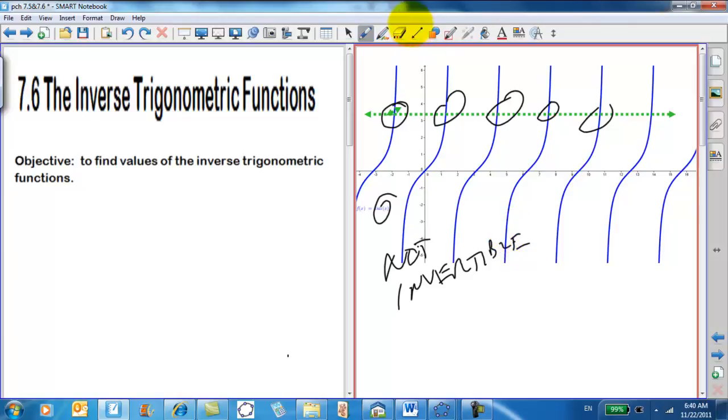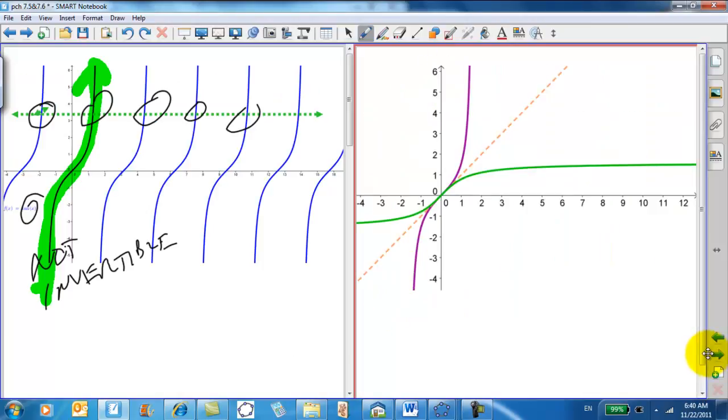So what we're going to do is focus on just taking a small part of the tangent function that would be invertible, that would pass the vertical line test. So it's kind of natural to just take one of these branches, and let's take the branch that goes through 0. So we're just going to take this much. Let me see. Yeah, this much. That's the part of the tangent we want to keep. And let's see on the next page here. And that's what I did on the GeoGebra.